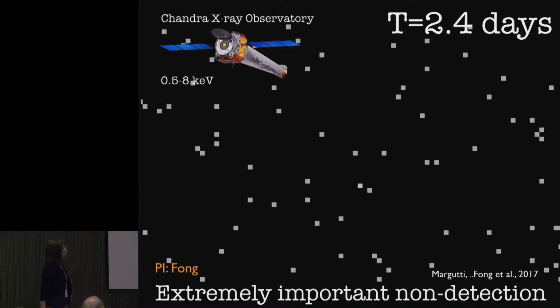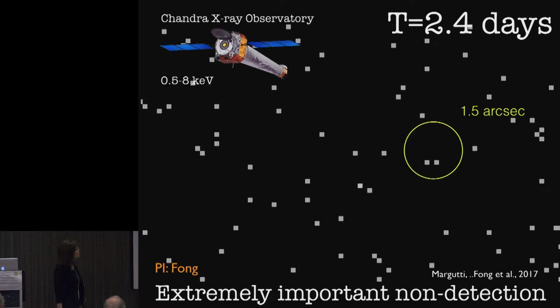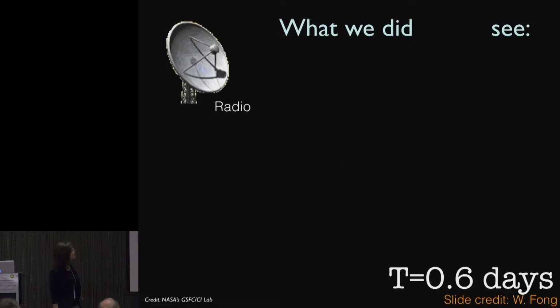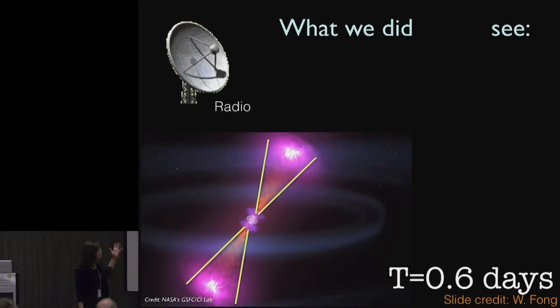So here is what we saw at 2.4 days with Chandra. If you're wondering where it is, there are two beautiful background photons. So it's a non-detection, an extremely important non-detection in the X-rays. And the same thing happened in the radio.